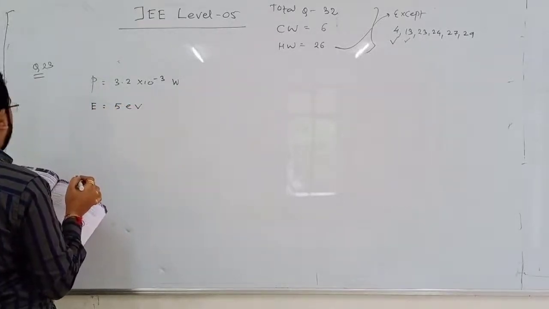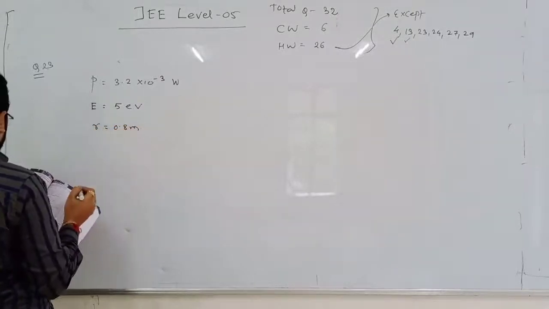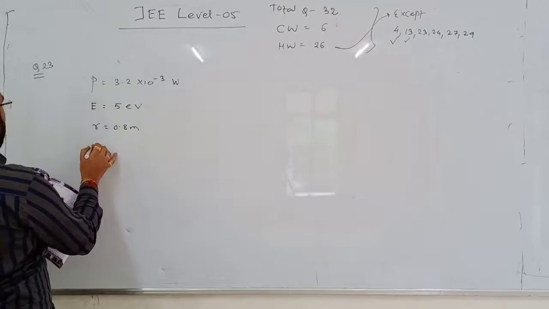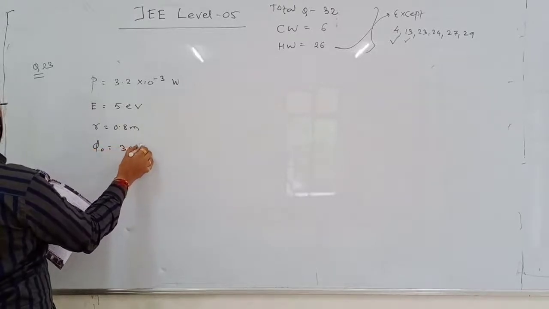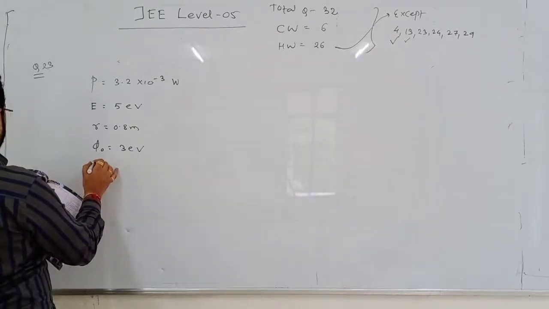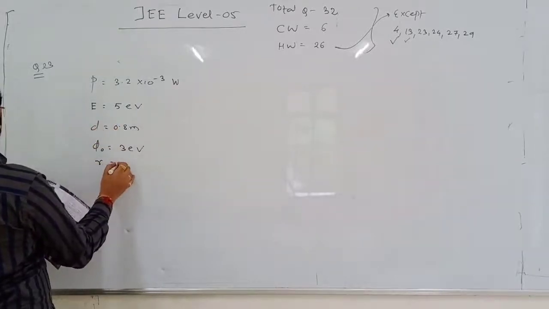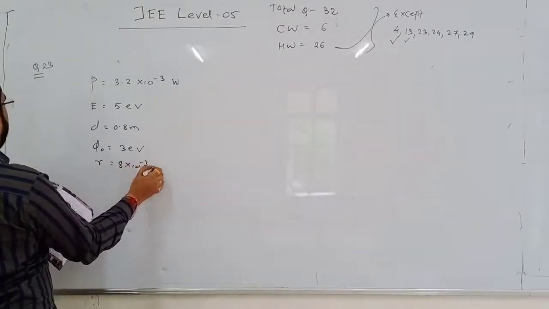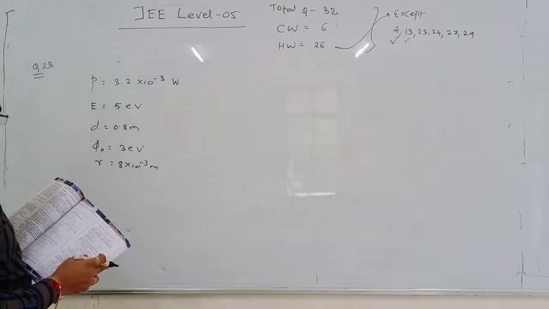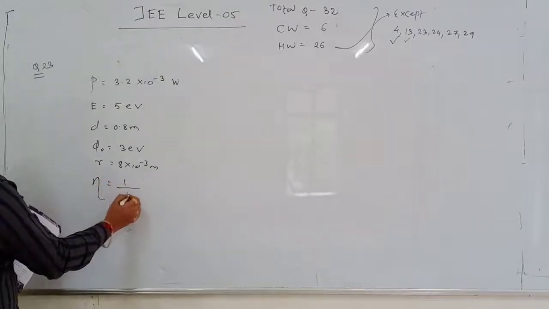The source is located at a distance r of 0.8 meter from the center of a stationary metallic sphere of work function, also given, 3 electron volt, and the radius, let us take it as 8 into 10 to the power minus 3 meter. The efficiency of photoelectron emission is 1 for every 10 to the power 6, so the efficiency is 1 upon 10 to the power 6.